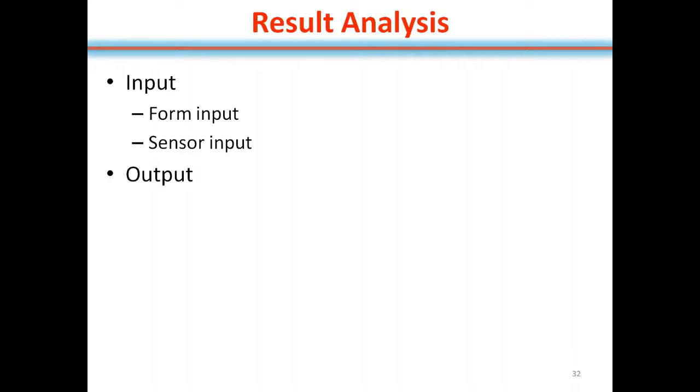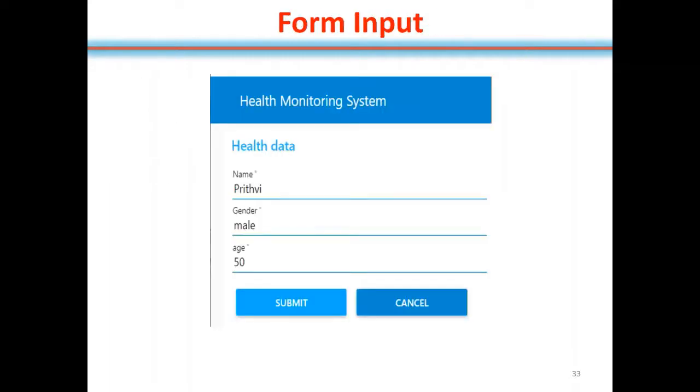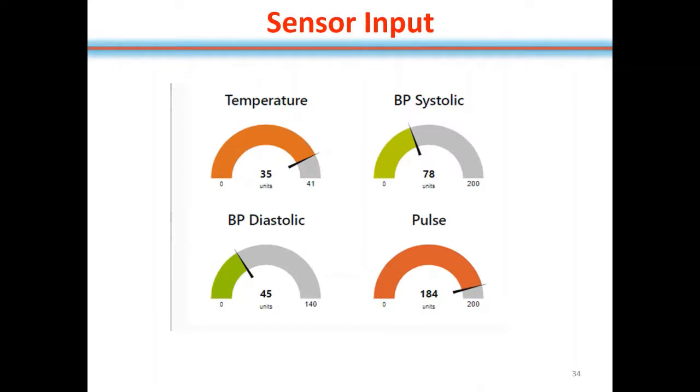This is the representation of form input, where the user has to input his name, gender and age. After clicking submit, it will go to the cloud machine learning platform along with the sensor inputs. The sensor inputs are automatic.